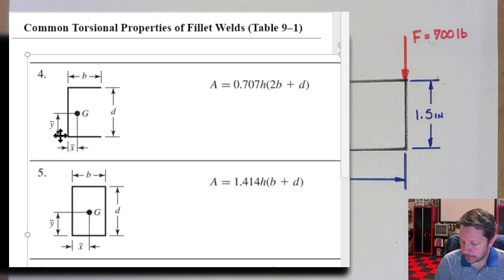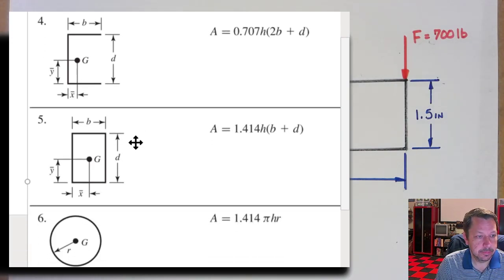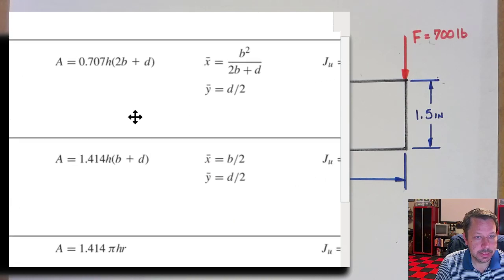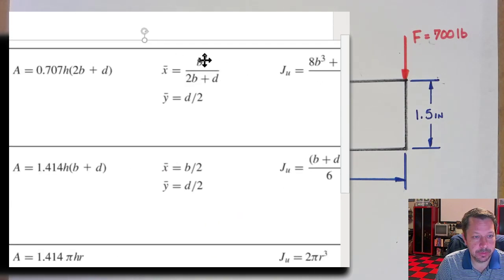That's fine. Let's see what they have for what is X bar. X bar does line up with this same distance here. I'll put it down here for now. And let's see, here it is, b squared over 2b plus d.